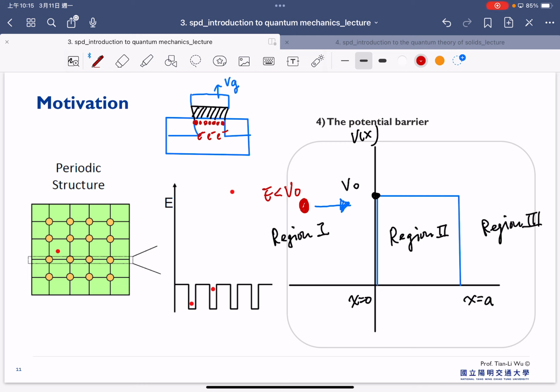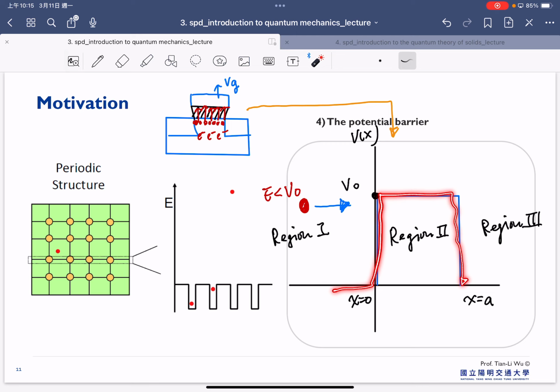And then this electron will be injected from the bottom to top. That's exactly the case like here. So this is our carrier.